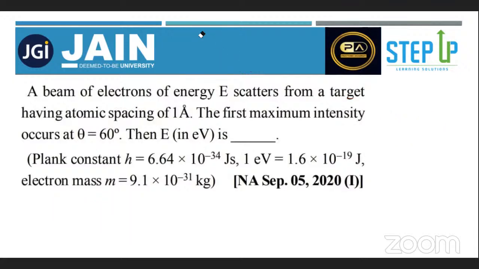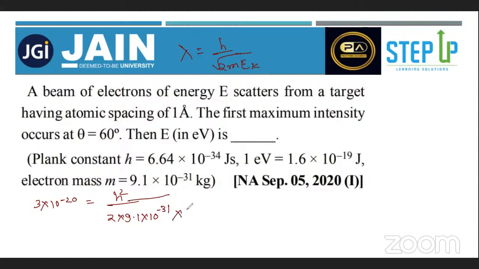Here I've made a mistake. I didn't write that lambda is equal to h by root 2mE. So, the value we have got is 3 into 10 raised to minus 20 equals h squared by 2m, where m is 9.1 into 10 raised to minus 31. Now I need to find the kinetic energy.